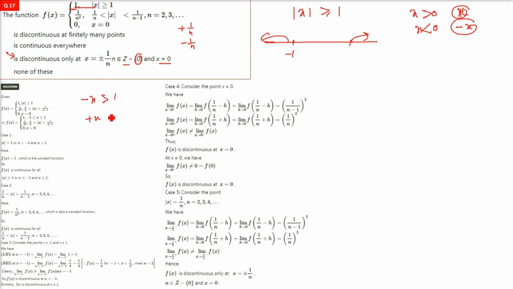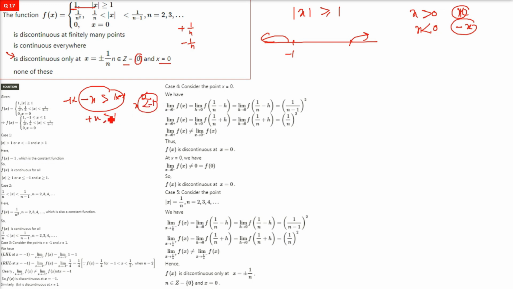So minus x is greater than or equal to 1, or positive x is greater than or equal to 1. So x is greater than or equal to 1 is already there, the second one. But when negative x is greater than or equal to 1, when you multiply by negative on both sides, the sign changes. So x is less than minus 1. This is how it comes: x is greater than 1 and x is less than minus 1.